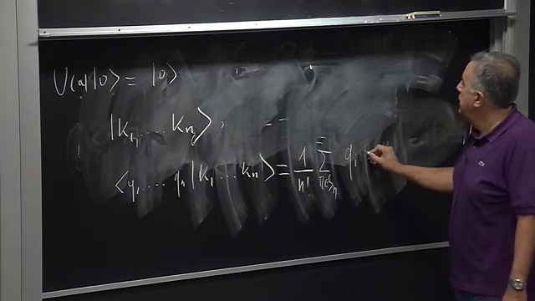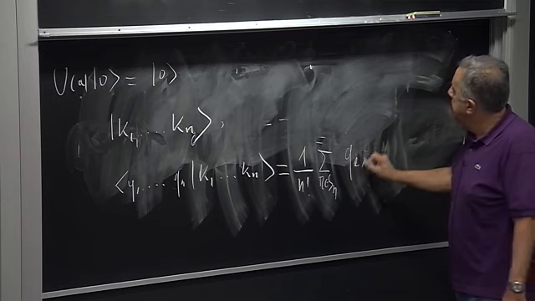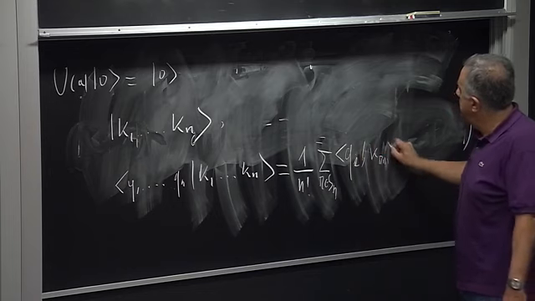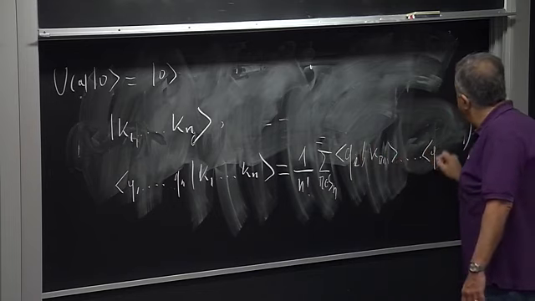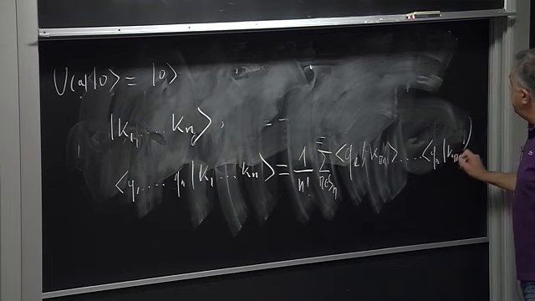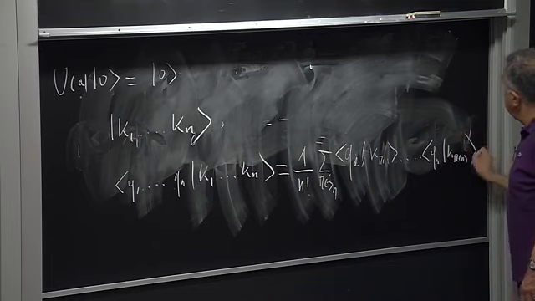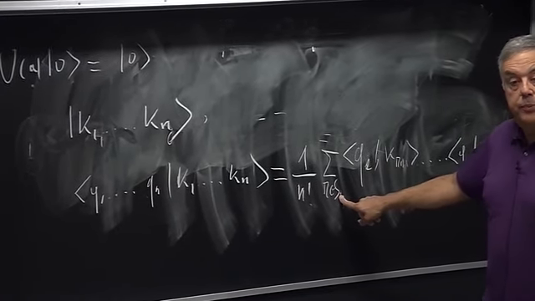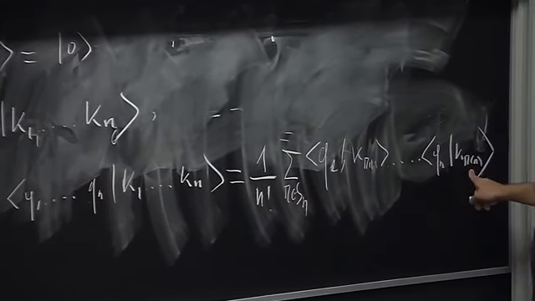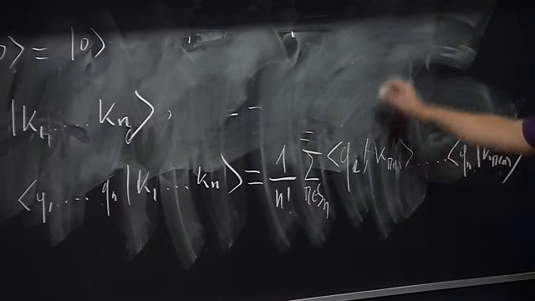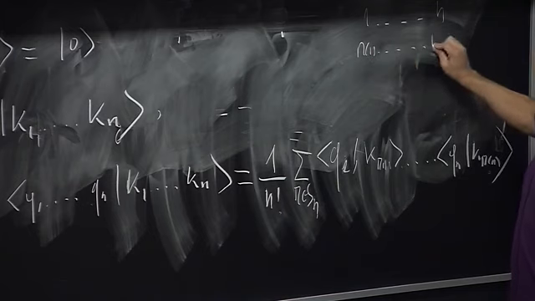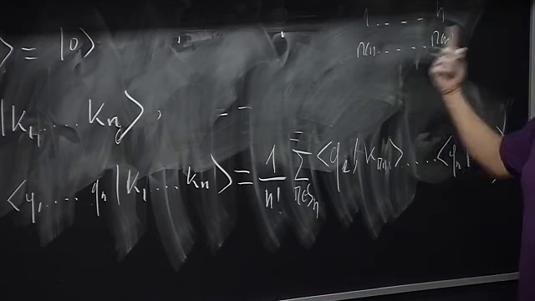of the product of the scalar products q1 with k pi1, up to qn with k pi n. So are we summing over the symmetric group? It's the space of permutations. So you have a permutation pi 1 to pi n, which is another ordering of 1 to n.